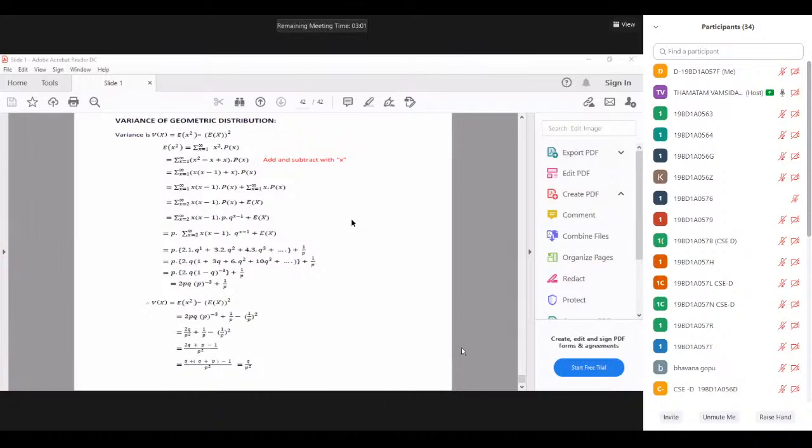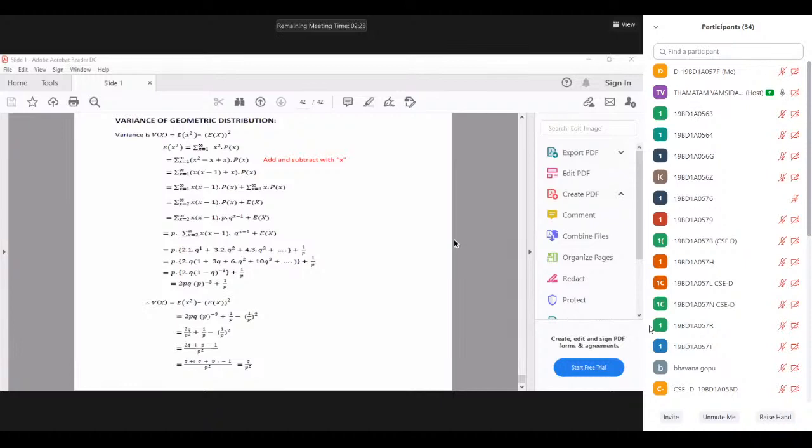The Poisson distribution is applicable for rare events. That means the p value is very small, or the n value is very large. Remember those cases. In such cases, you can apply the Poisson distribution.